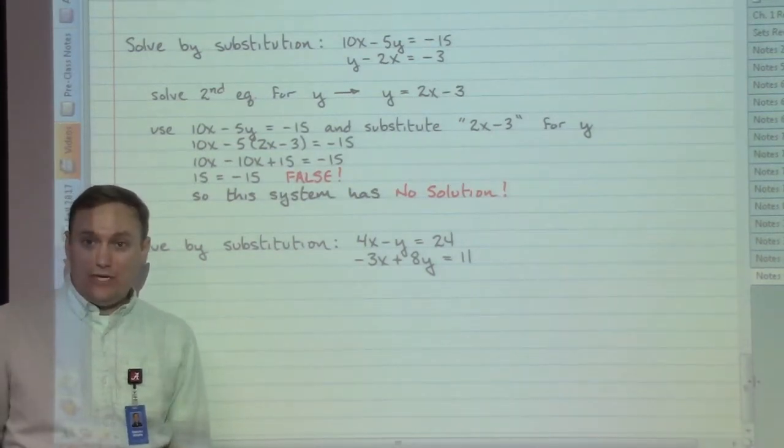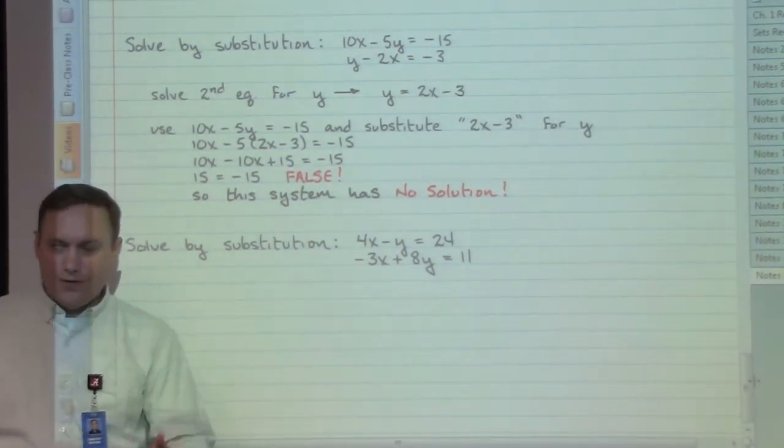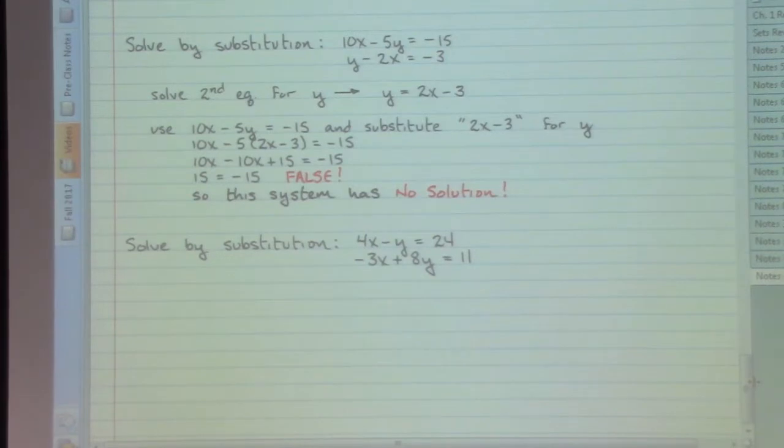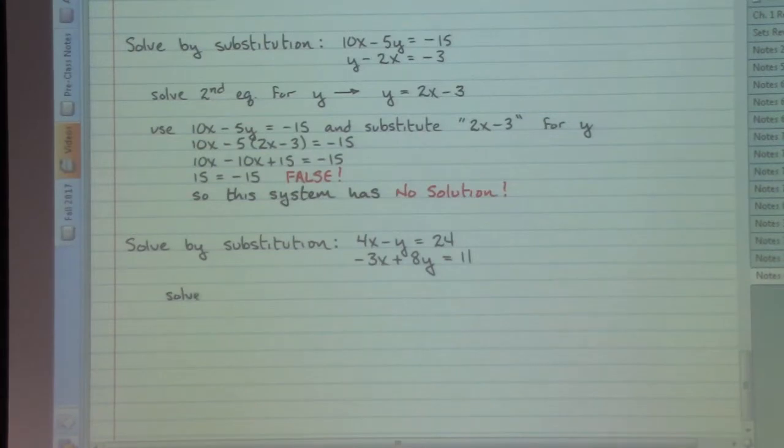Well, again, in this particular case, there is one of those four options that stands out as being less work, less effort than the others, and that would be, in this case, to solve the first equation for y.